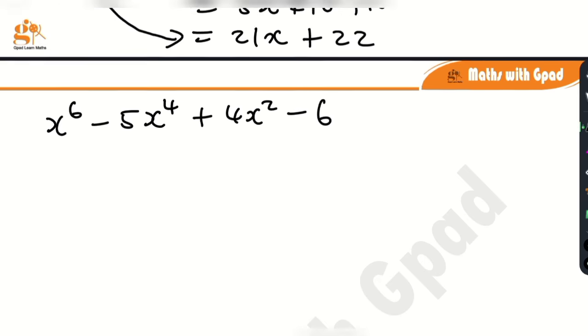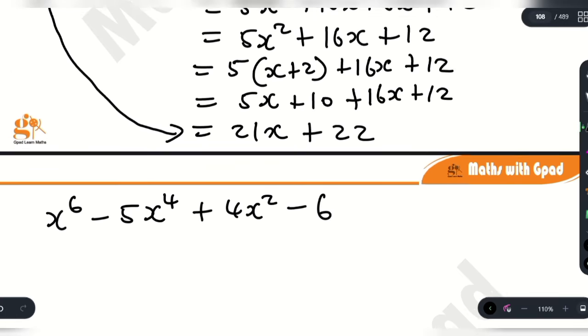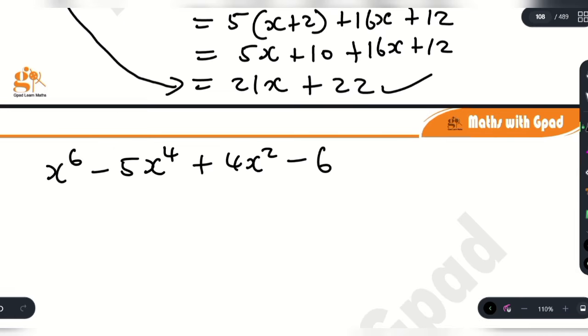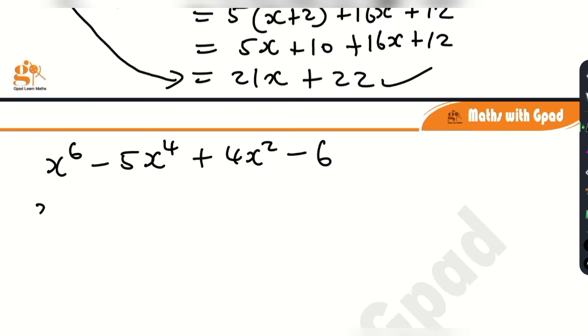Now, let's bring everything together. The expression is x raised to the power 6 minus 5x raised to the power 4 plus 4x squared, and then minus 6. What did we get as x raised to the power 6? Don't go too far. It was 21x plus 22. So let's plug it here. 21x plus 22, then minus 5.